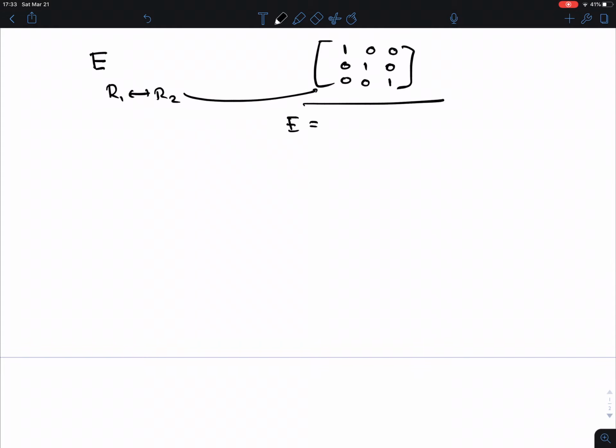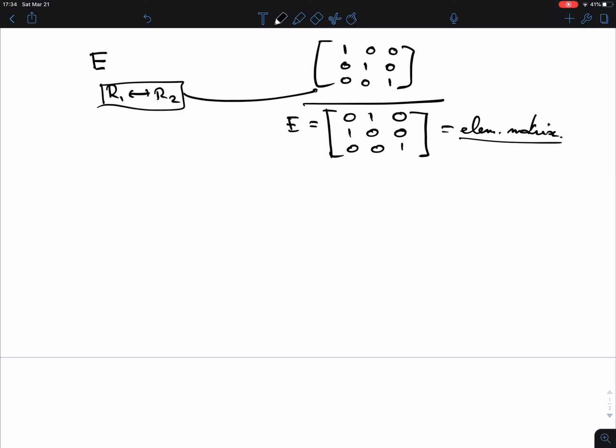So E will be, for my example, 0, 1, 0, 1, 0, 0, 0, 0, 1. So this is the elementary matrix. We discussed this a little bit earlier in chapter 1. And why do I bring them up? Well, applying this row operation to any matrix is exactly the same as multiplying that matrix with this guy.